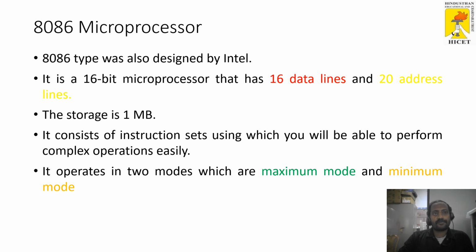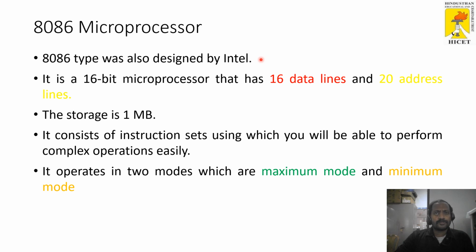It consists of a powerful instruction set which provides operations like multiplication and division. It was the first 16-bit microprocessor, having a 16-bit ALU, a 16-bit register internal data bus and a 16-bit external data bus, resulting in fast processing.